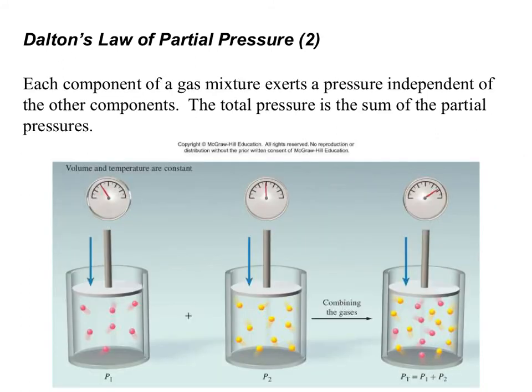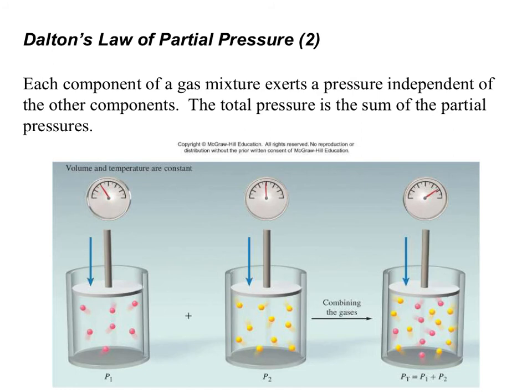So with a picture, each component of a gas mixture exerts a pressure independent of the other components. The total pressure is the sum of the partial pressures. The red gas has a pressure of 4, the yellow gas has a pressure of 5, so you will have a total combined pressure of 9, and Bob's your uncle.